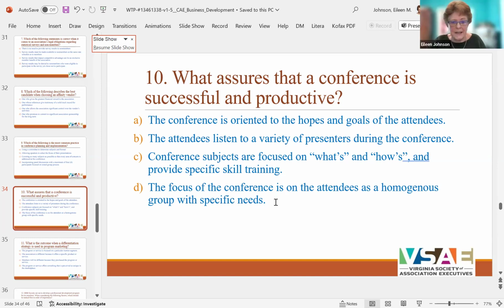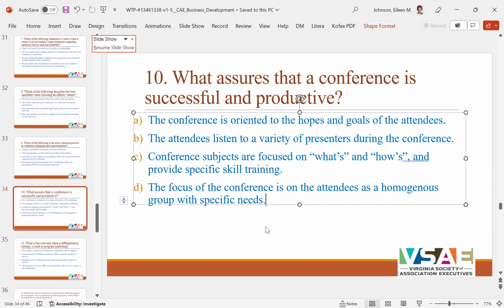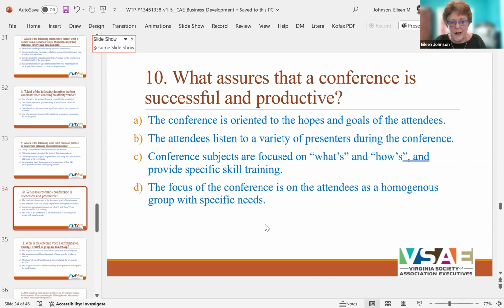It's actually A, hopes and goals of the attendees. Okay. This one has shown up before on exams, and I can't explain it. I think D is not the right answer because your attendee is not necessarily a homogeneous group with the same needs, right?